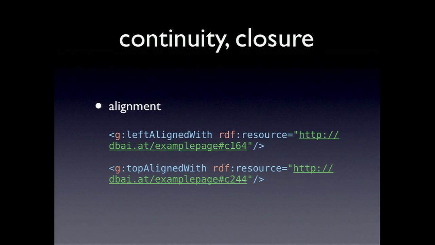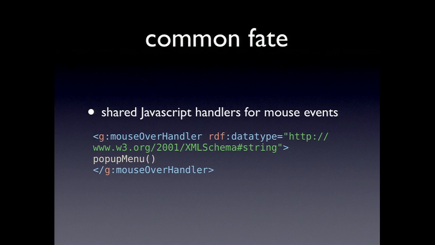And since the web is becoming more and more dynamic, this common fate concept also makes some sense now, because what we'd ideally like to know is that if we click on a particular element or move our mouse over a particular element, something happens.